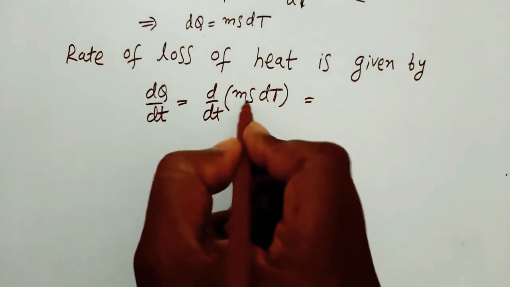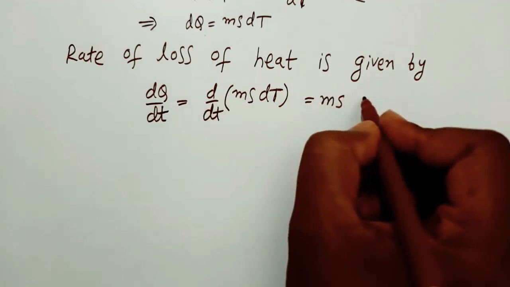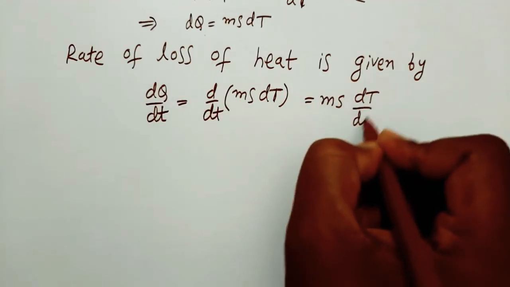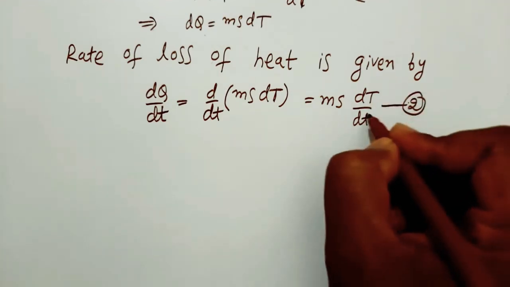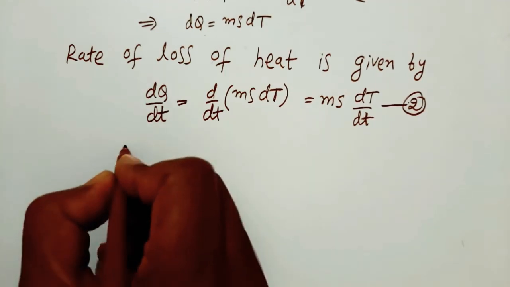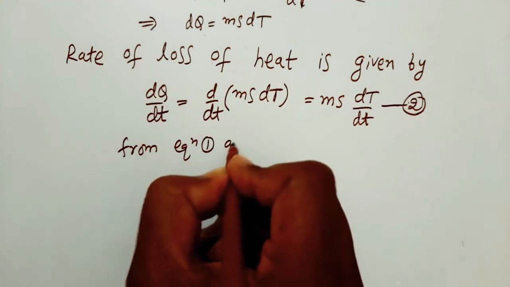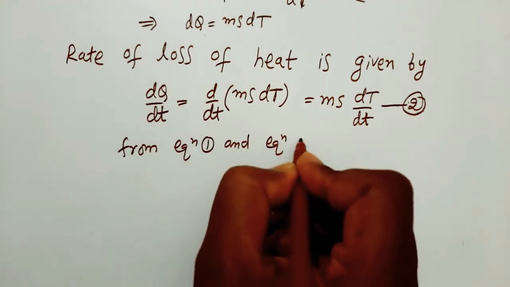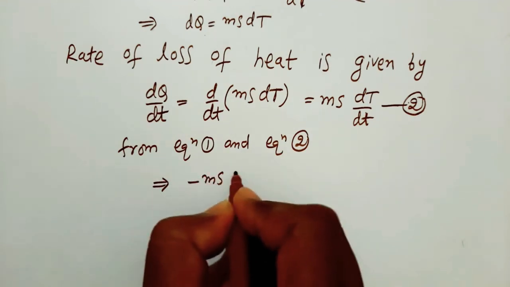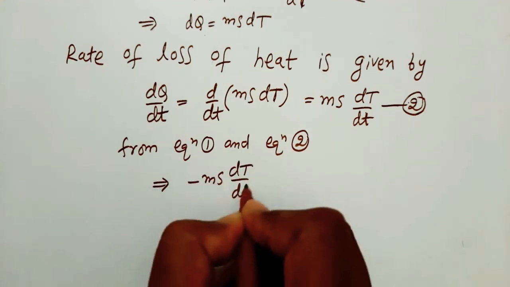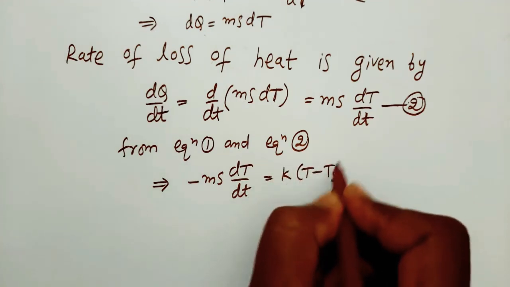Here m and s are constants, so take them outside, so that it is ms dT by dt. Let us take this as equation 2. From equations 1 and 2, we can write minus ms dT by dt is equal to K into T minus Ts.